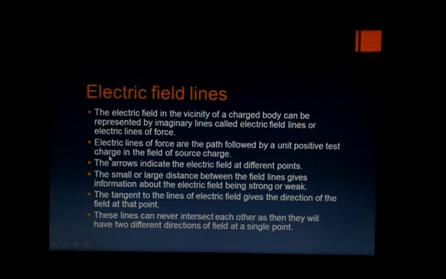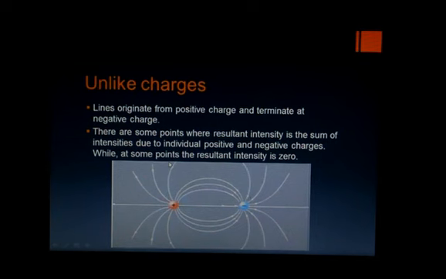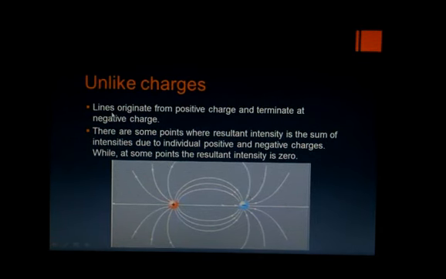So I think it is clear now that the small or large distance between the field lines gives information about the electric field being strong or weak. The tangent to the lines of electric field gives the direction of the field at that point. This is the case when we bring two unlike charges plus Q and minus Q closer.